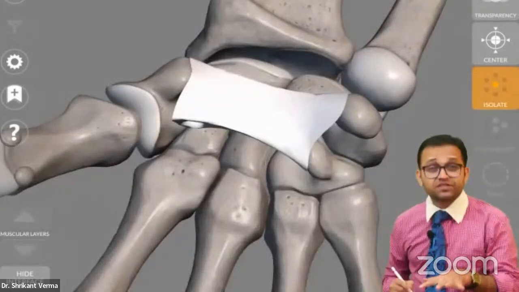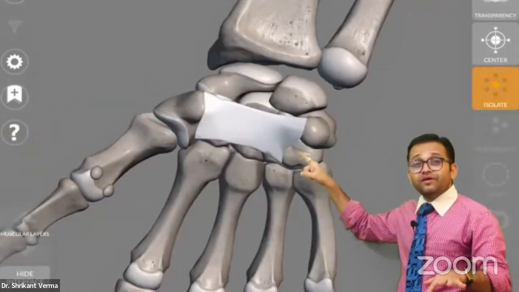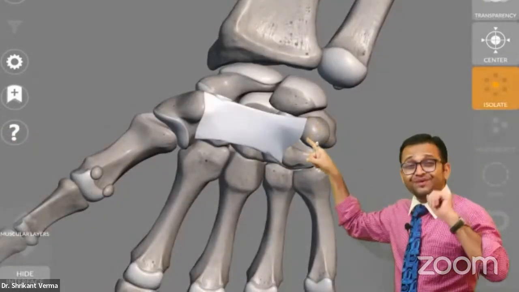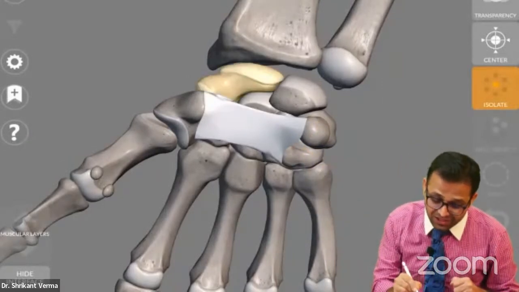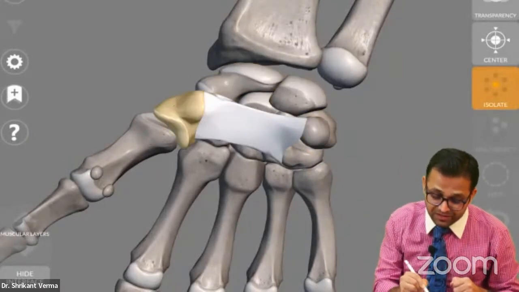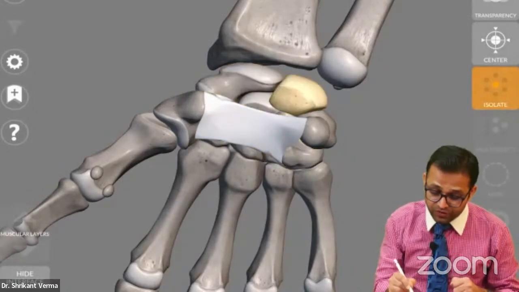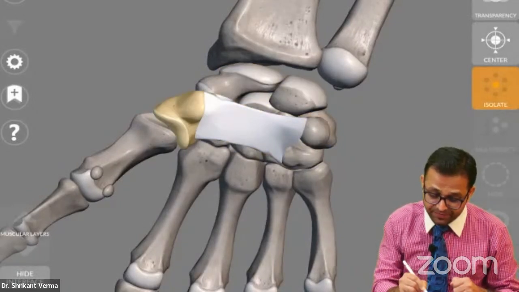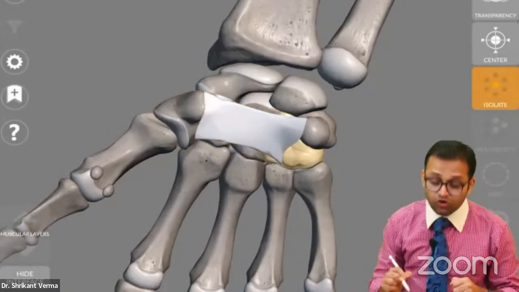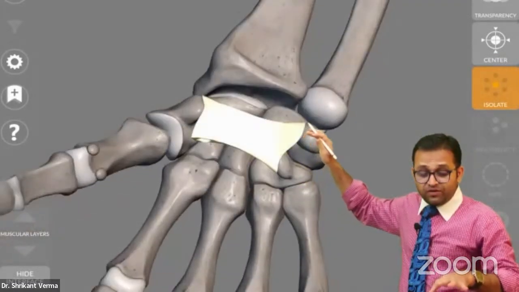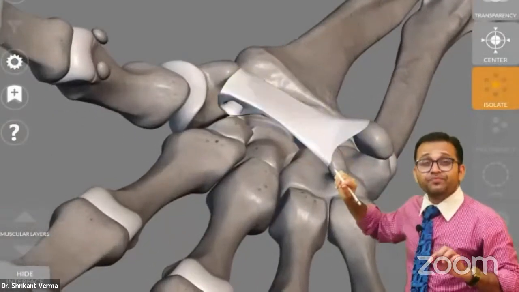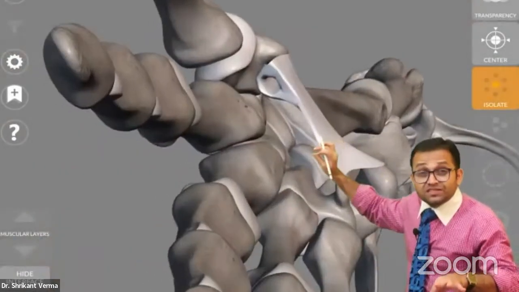Look at this structure. You are all aware of the different carpal bones: scaphoid, lunate, triquetral, pisiform, trapezium, trapezoid, capitate, hamate. Over all this structure, you can see one modification of the deep fascia. Just below it, there is one tunnel.